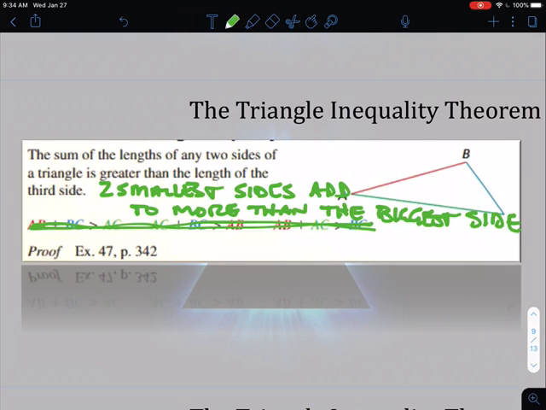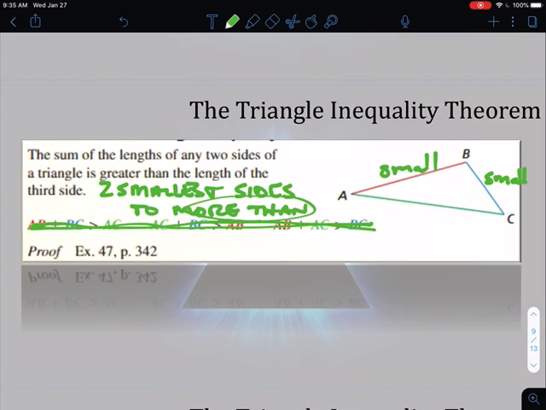So what I want you to understand here is I'm going to find my 2 smallest sides, and they have to add up to more than the biggest side. If we're looking at the picture that we have there, and I'm going to erase some of this statement so we can get a feel for what we're looking at, just going off of looks, this is going to be my smallest side. This would be another small side, and this is going to be my big side.